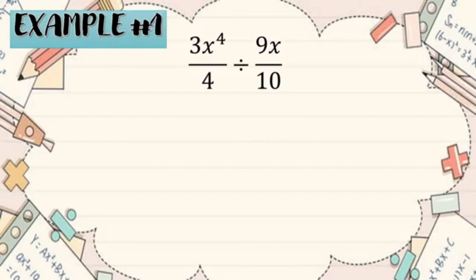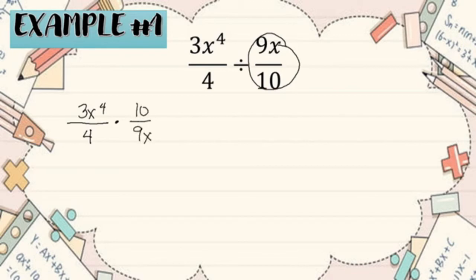So from the given steps, we're going to copy the dividend 3x over 4. Change the operation to multiplication and get the reciprocal of 9x over 10. So the reciprocal of 9x over 10 is 10 over 9x.